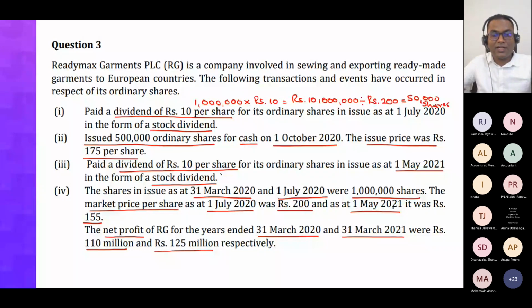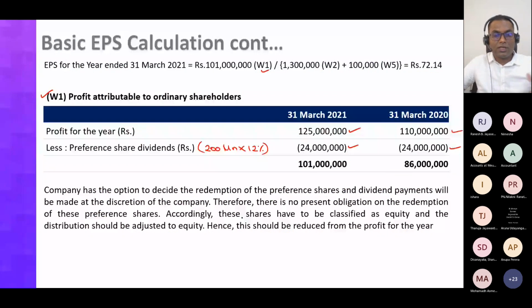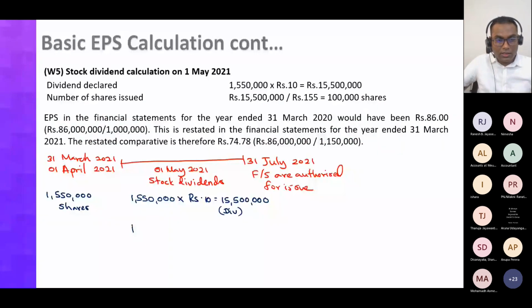So the total dividend value is 15,500,000, divided by 155 rupees per share. So how many shares? 100,000 shares will be issued on 1st May 2021. That is in the next year, but before the financial statements are authorized for issue.